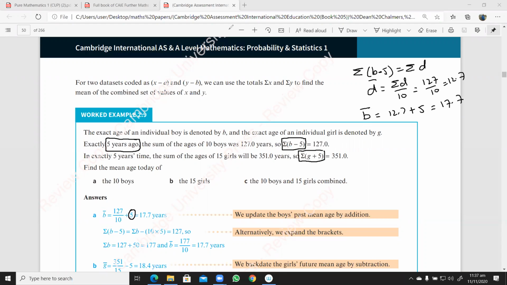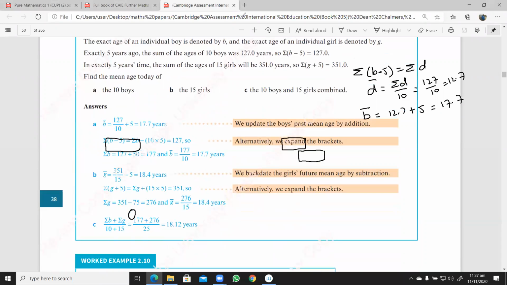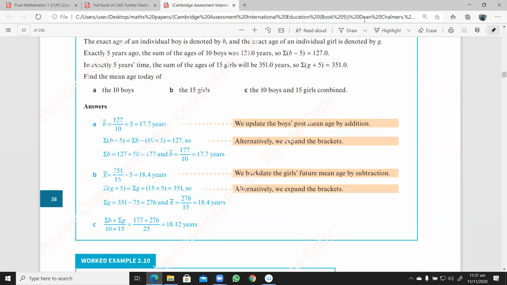Okay. In case of girls, you see that there is an addition going on here. Okay. So you look at this, he has found this, and then he has subtracted 5 from this. Can you see that? Here, this was being added, and here it is being subtracted for these 15 girls.